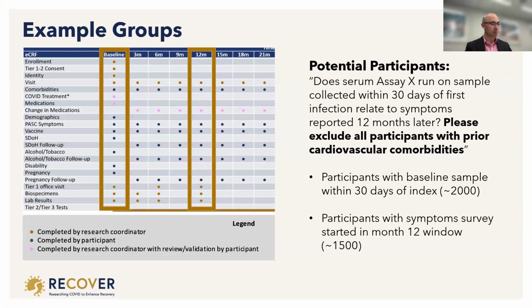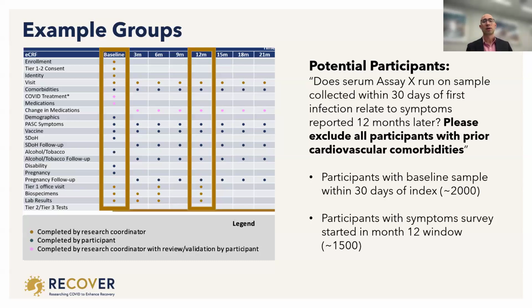So going back to the serum assay, just as an example here, one thing we notice as we work with our RECOVER investigators is there are, of course, many criteria you want to stack on top of that very simple initial example. So I'm going to go through some additional criteria just to show what the numbers might look like. Here we have the same initial question: you're running a serum assay on a sample collected within 30 days of infection, comparing that to symptoms 12 months later.